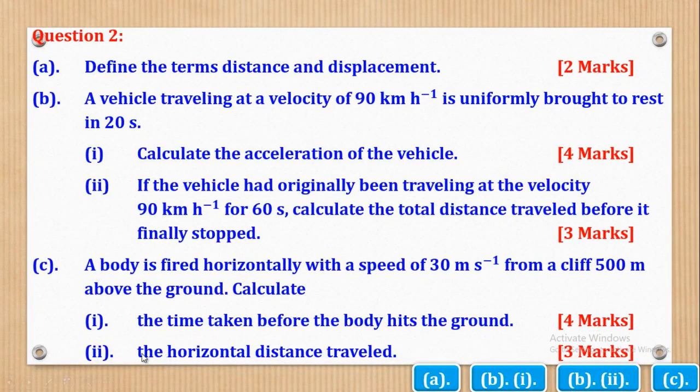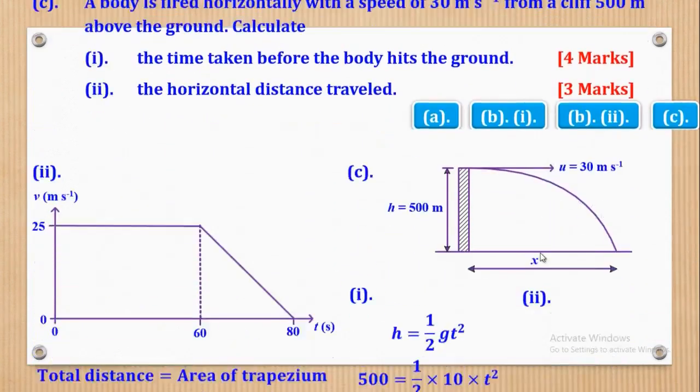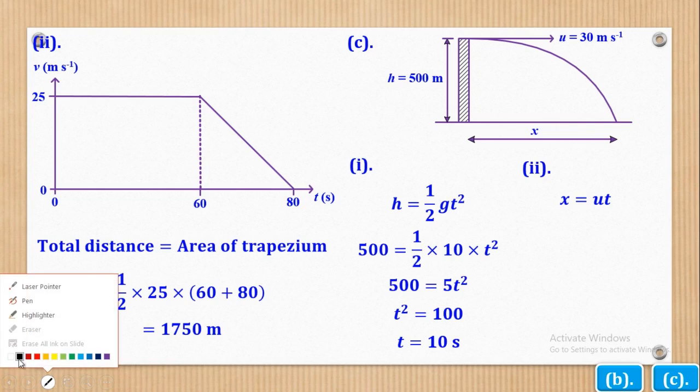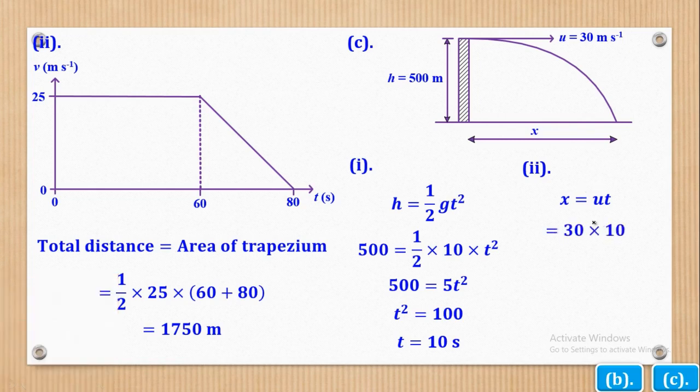Roman 2 says the horizontal distance traveled. Horizontal distance means we shall consider horizontal motion, and horizontal x will be equal to ut, because horizontally acceleration is 0. Acceleration due to gravity is 0. Therefore I substitute for u and for t, then I come up with a horizontal distance of 300 meters.